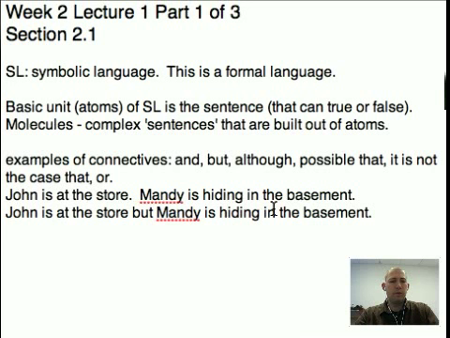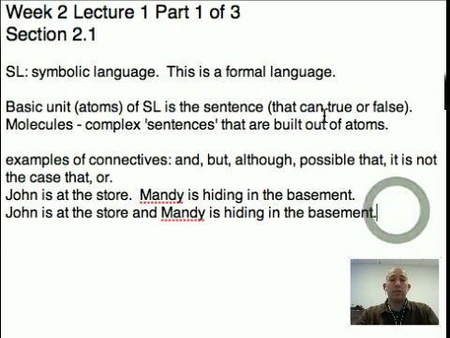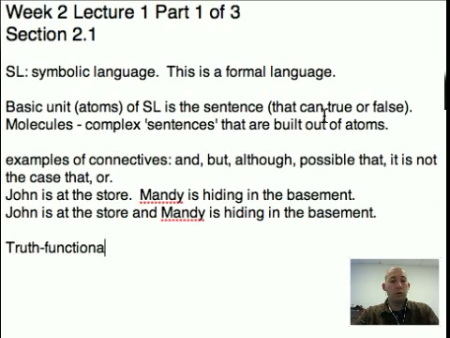Unless you think that there's some kind of connection between Mandy hiding in the basement and John being at the store, some connectives will make more sense than others. The ones that we're interested in are going to be connectives like and, and the reason why is because they connect sentences in virtue of the truth values of the sentences. So these are going to be what we call truth functional connectives.